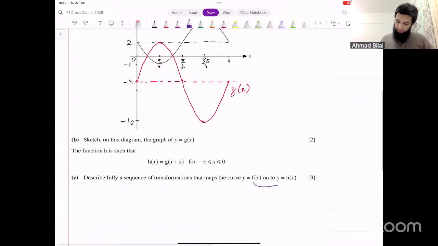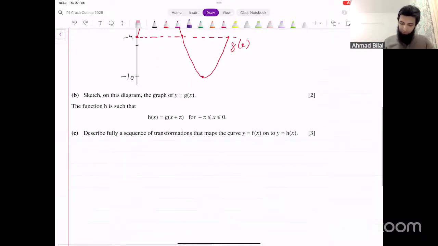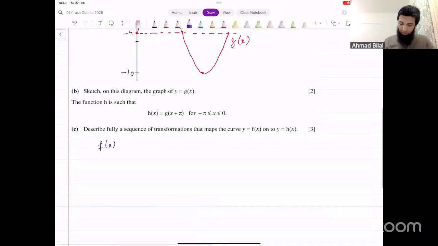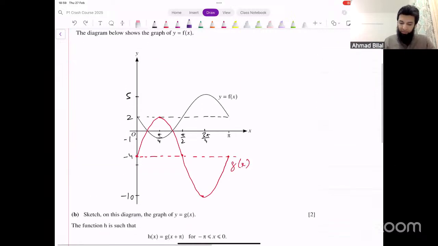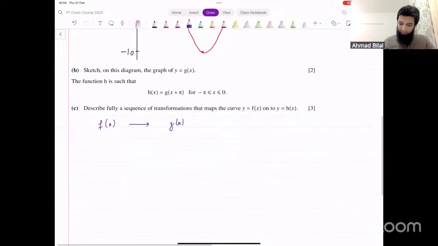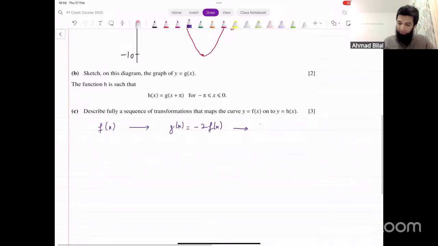We have to go from f of x to h of x. Okay, so first of all, f of x is going to g of x, which is -2f of x, right? And then it is going to h of x. H of x is g of x plus pi.